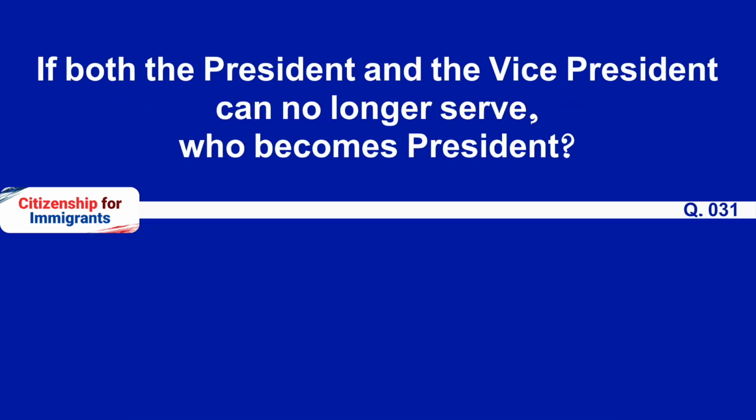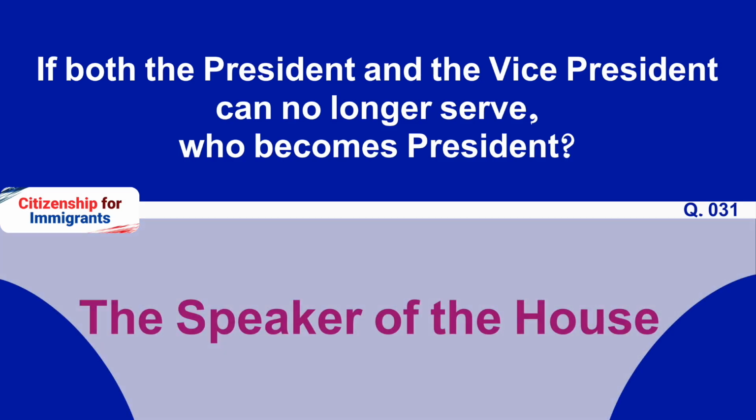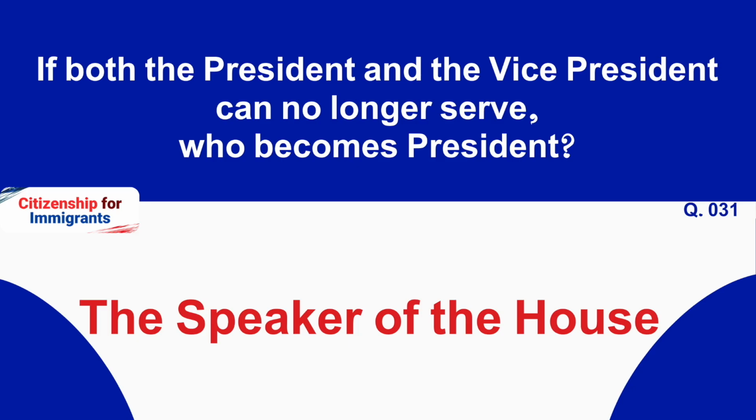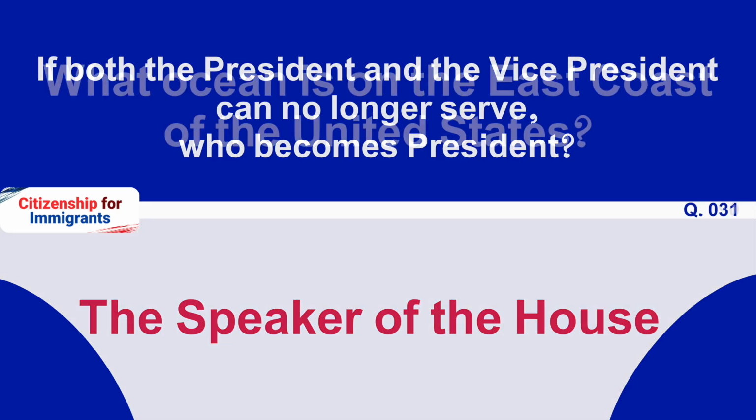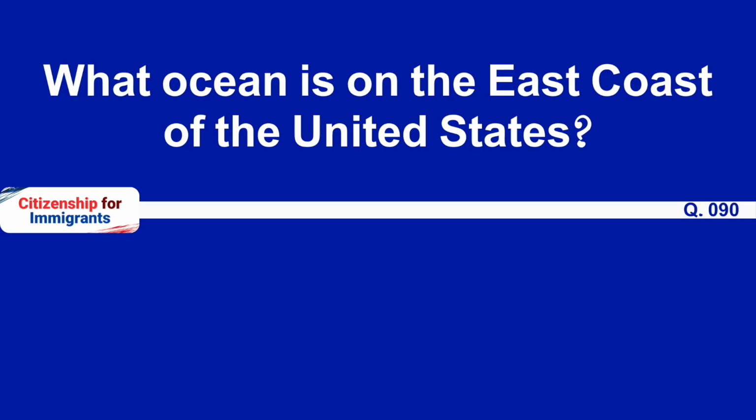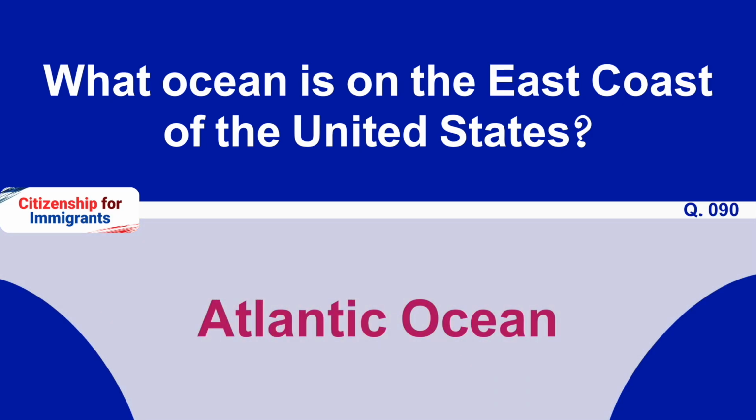If both the President and the Vice President can no longer serve, who becomes President? The Speaker of the House. What ocean is on the east coast of the United States? Atlantic Ocean.